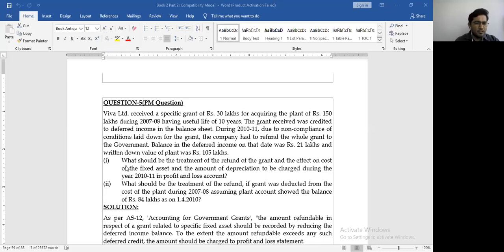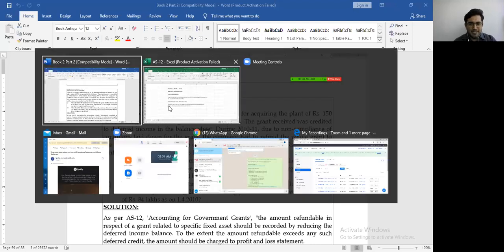Everyone on your chat box, will the refunded income approach affect the value of the asset? No. If the value of asset is not affected, will the value of depreciation be affected? Yes or no, quickly? Of course not. So put your last statement.